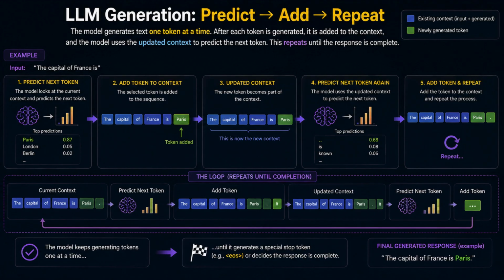For example, it might generate Paris, and then continue depending on what response it is generating. So, the process is essentially that the model predicts a token, adds it to the sequence, uses the updated context, predicts the next token, and continues repeating this process until the model determines that the response is complete.